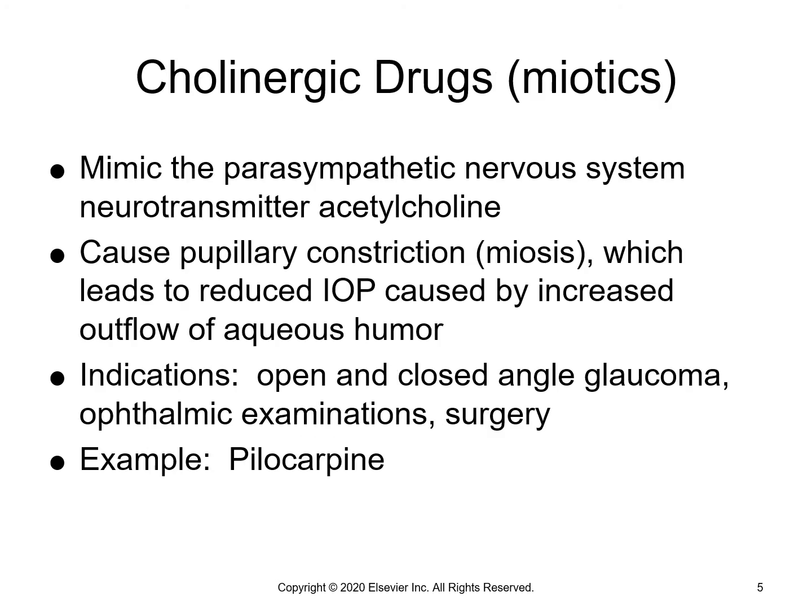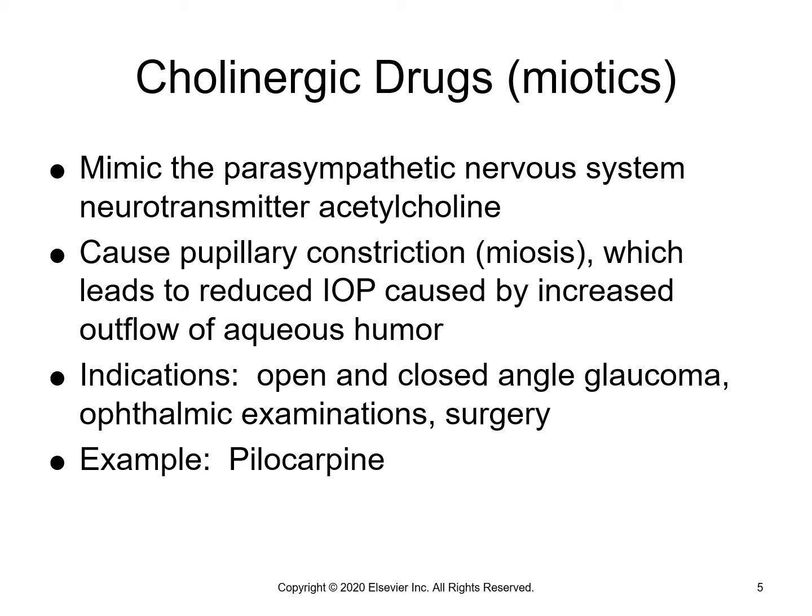So the cholinergic drugs do cause pupillary constriction or miosis, and it really helps facilitate drainage of the aqueous humor, therefore decreasing intraocular pressure. It can be used for both open and closed angle glaucoma.